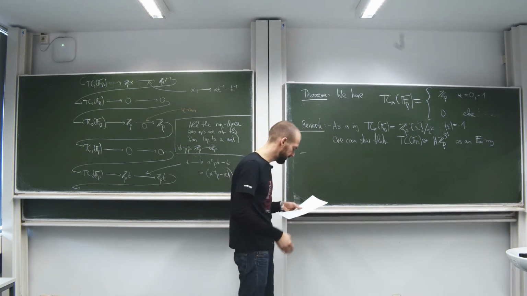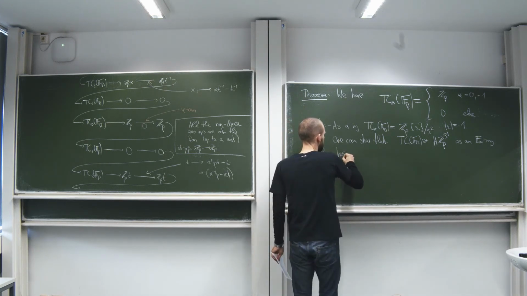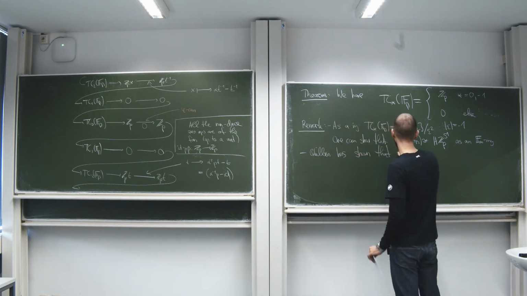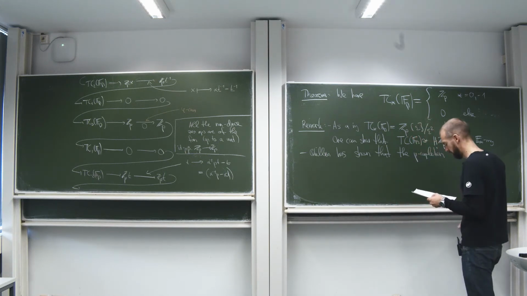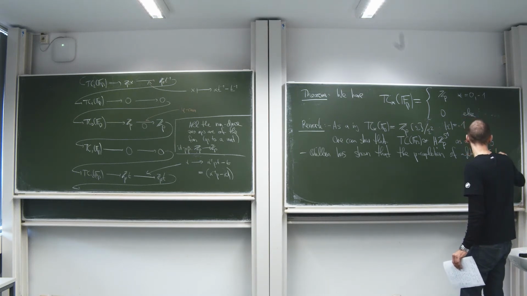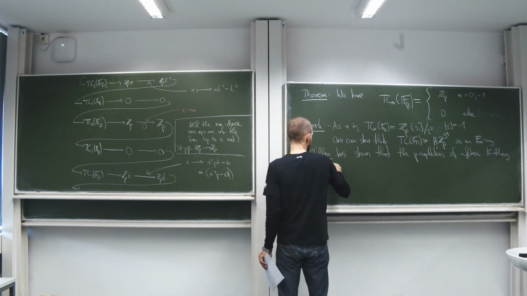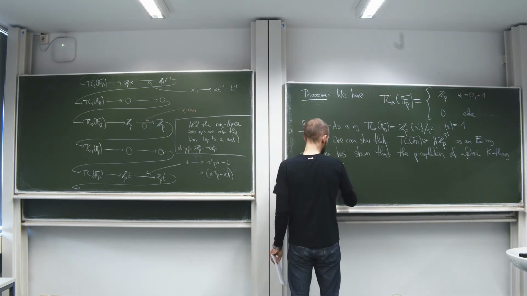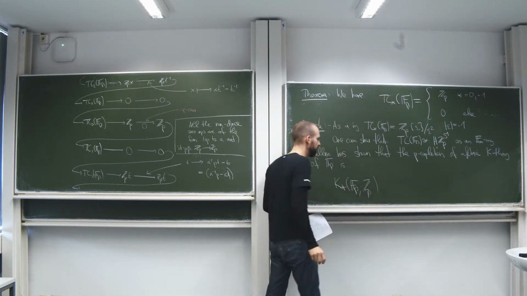And the second statement is that Quillen has shown that the p-completion of algebraic K-theory of Fp is, so what he proves is that the homotopy group of the p-completion of algebraic K-theory, which I denote like this.